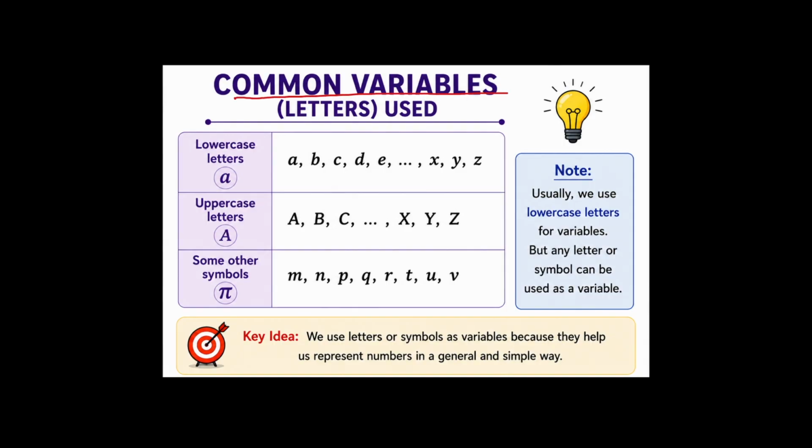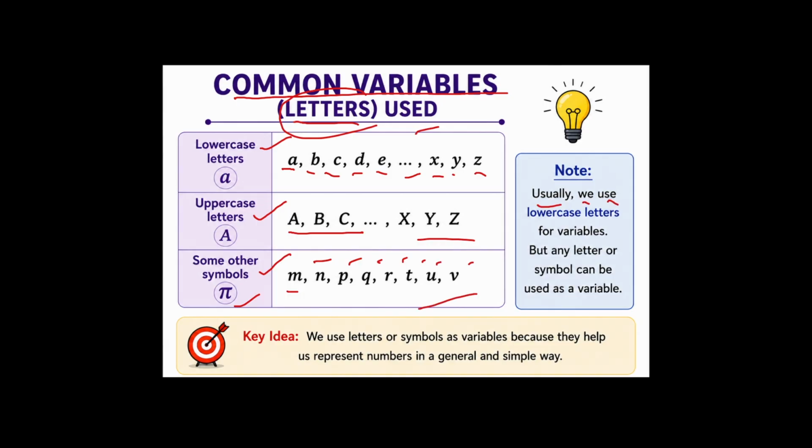Common variables. Letters used. We use lowercase letters, uppercase letters, and some other symbols, like here A, B, C, D, E, or any letter x, y, g, or they may be uppercase, or other symbols like pi, M, N, P, Q, R, T, U, V. There may be any letter.